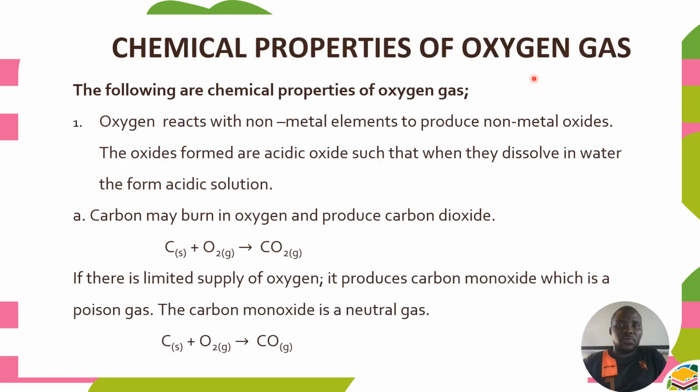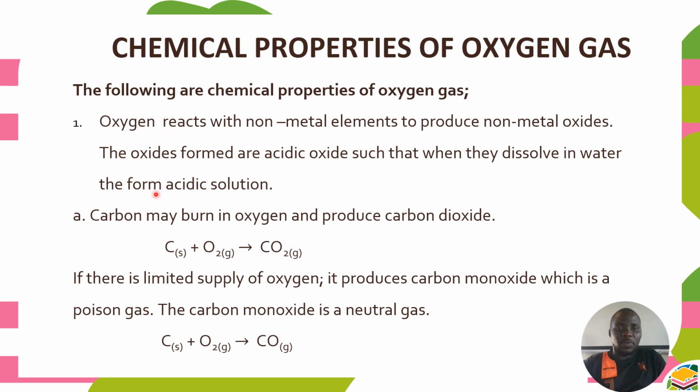Chemical properties of oxygen gas. The first one: oxygen reacts with nonmetal elements to produce nonmetal oxides. The oxides formed are acidic, such that they dissolve in water to form an acidic solution.